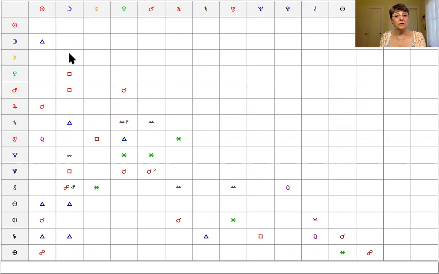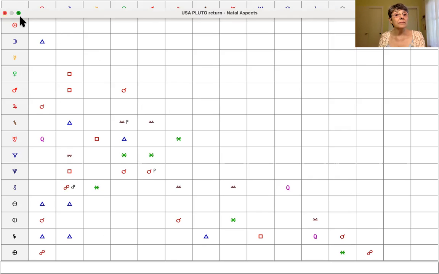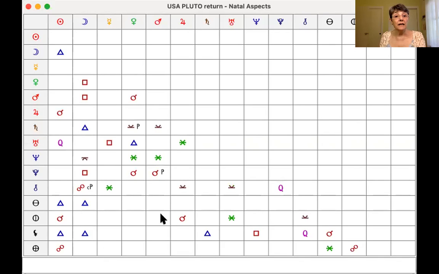So as you see, the moon is the planet that is most aspected. And remember, the moon represents the people. And the second most aspected planet is in fact Venus. Venus, remember, this is all about an economic transformation.